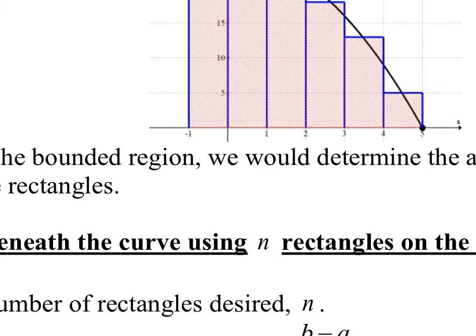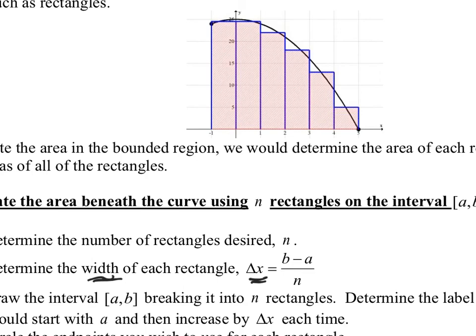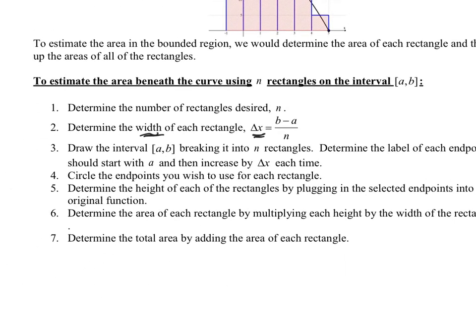So if we started at negative 1, the next ones should be 0, 1, 2, 3, 4, and 5. That's where we would be breaking up our rectangles: you start at the left endpoint a, and you add whatever delta x is each time. On the problems that I do, it's a little more natural to do this, but I'll show you what it looks like. It says circle the endpoints that you wish to use.